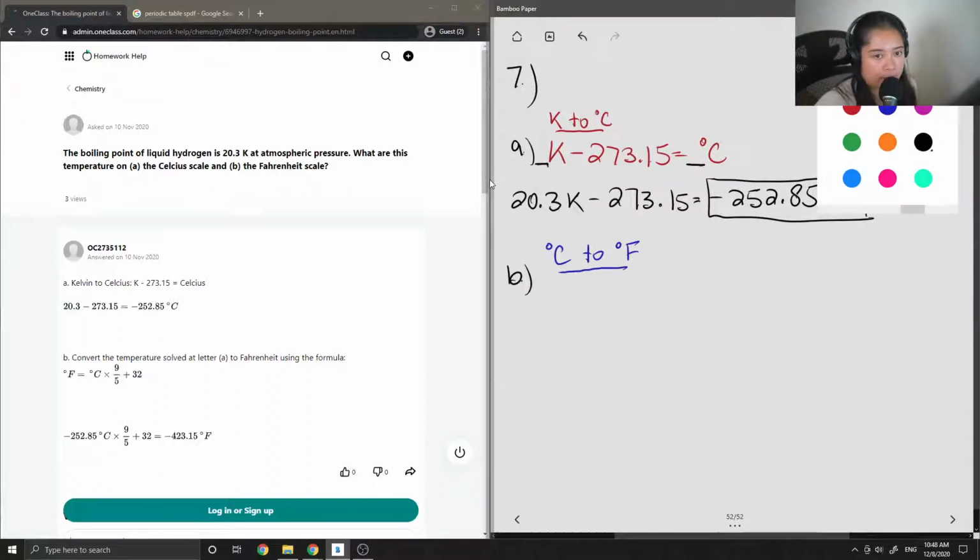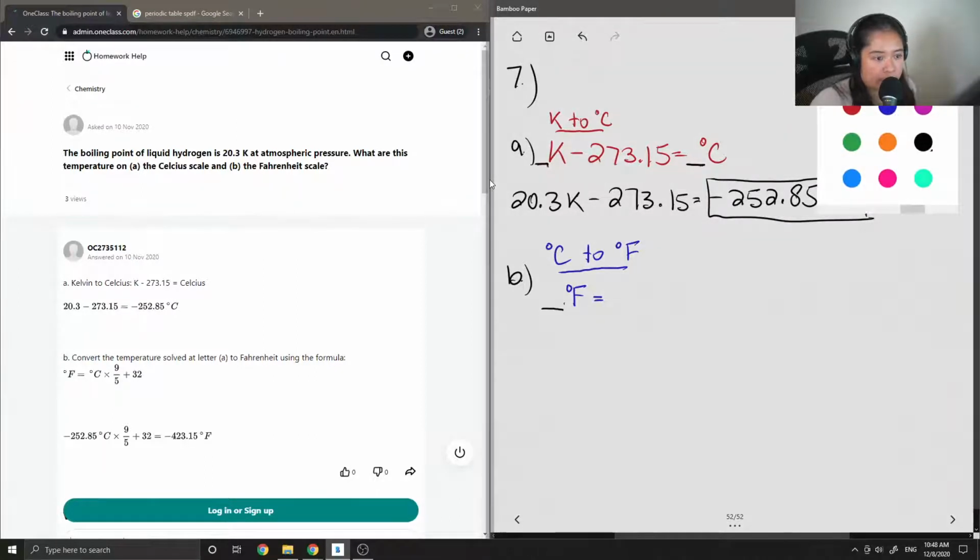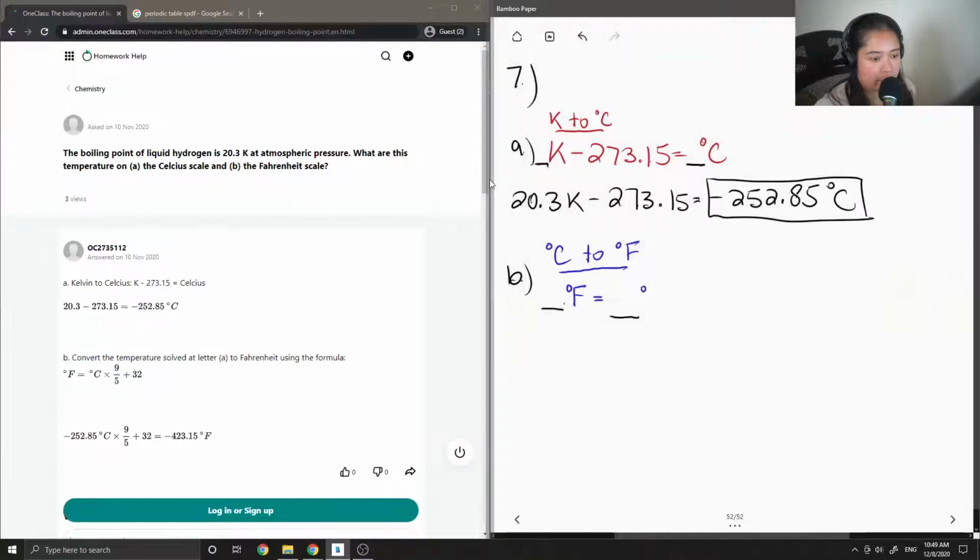So again, to get a value in degrees Fahrenheit, this is equal to a value in degrees Celsius multiplied by 9 over 5 plus 32.